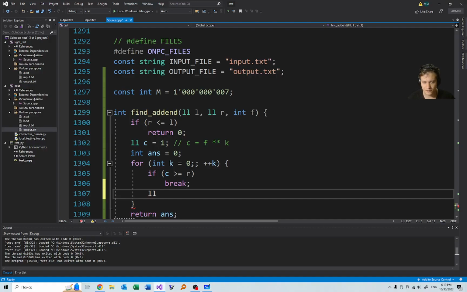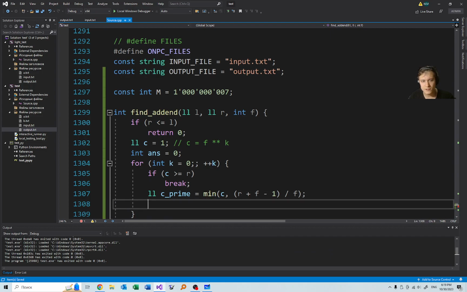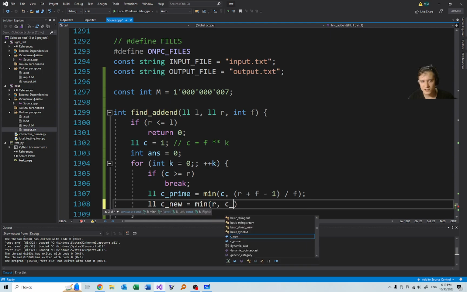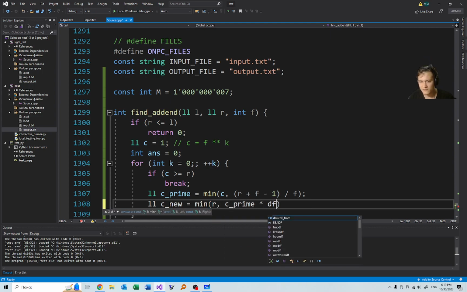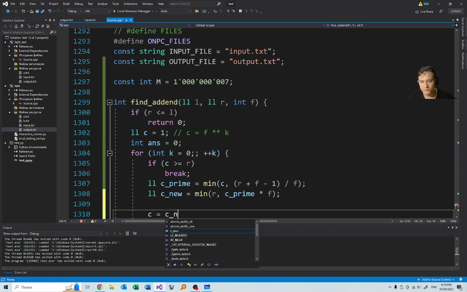Yeah, so let's do it. First of all, we take C prime, which is minimum of C, and R plus F minus 1 over F. Then we say that C nu equals minimum of R and C prime times F. In the end, we will say that C is C nu.